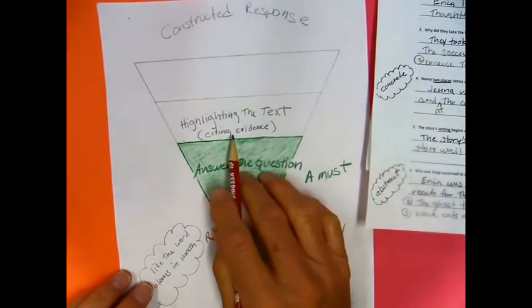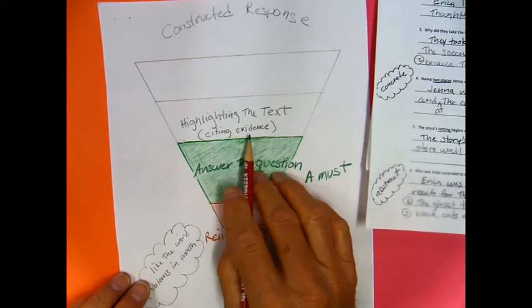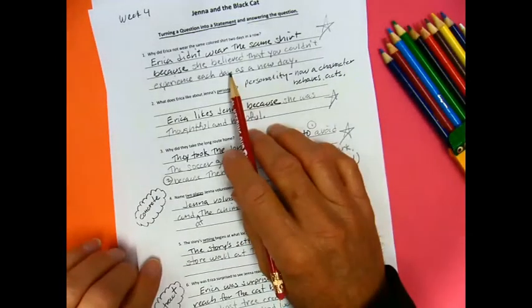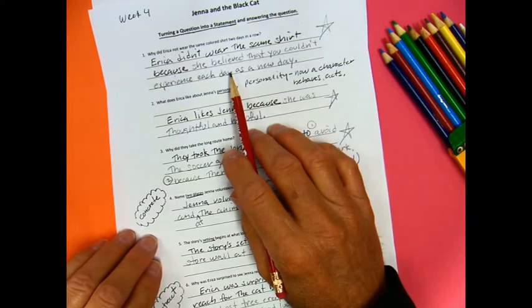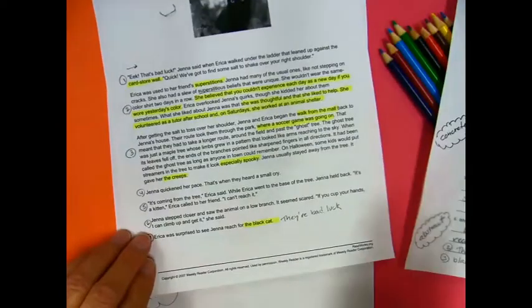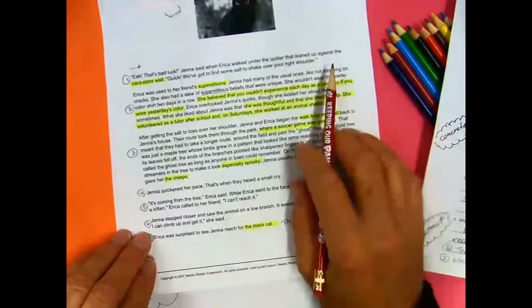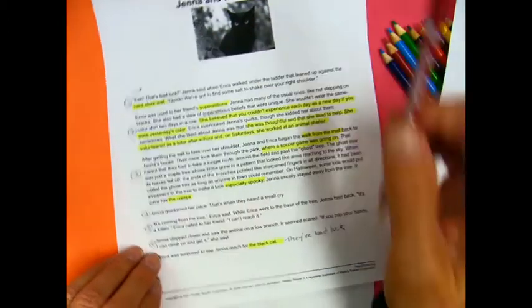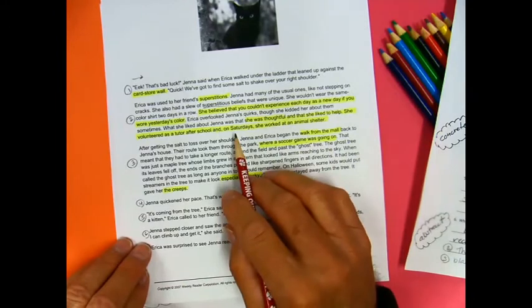This is a fancy word for saying that, citing evidence. Remember we said that the answer has to come from the text. If you can find the answer in the text, you're 100% correct. If the answer's not in the text, then you haven't found the answer yet.